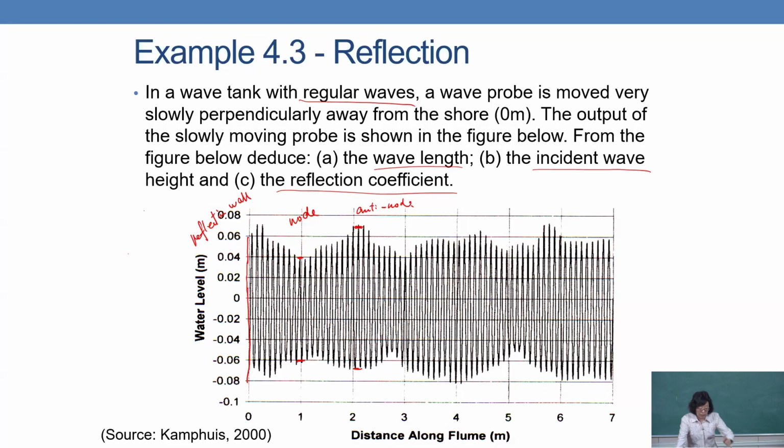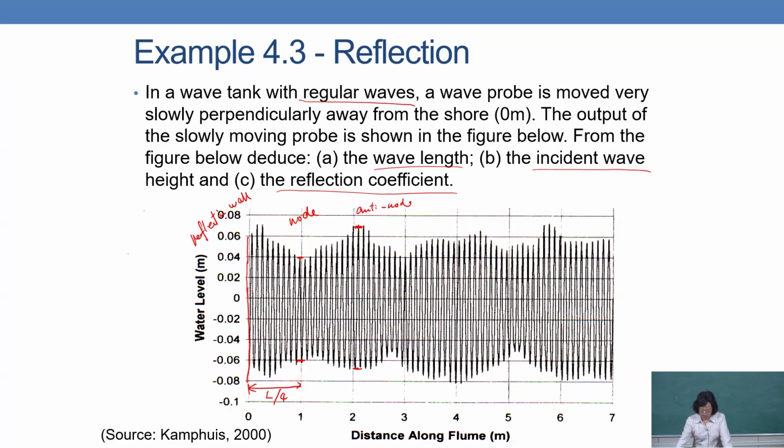So in the last slide we mentioned where the node will be happening: zero velocity. So where is this one? L over 4, a quarter of the wavelength.